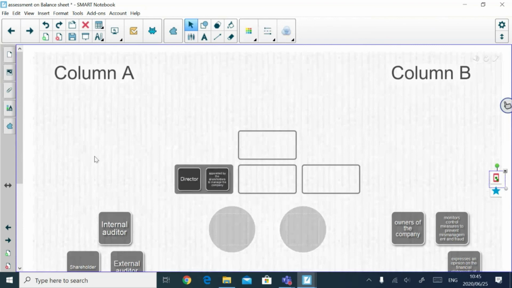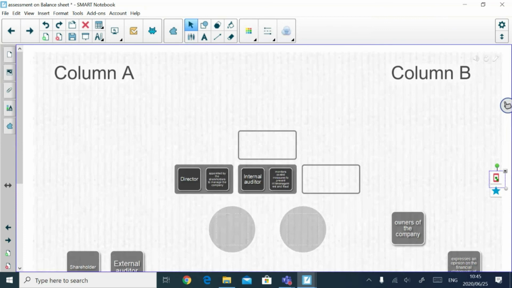Okay, it's just an activity to relax your mind and remind you of the previous lesson. Internal auditor monitors what? Monitors control measures to prevent mismanagement and fraud, expresses an audit opinion on the financial statements. No, that is this one. It matches with.